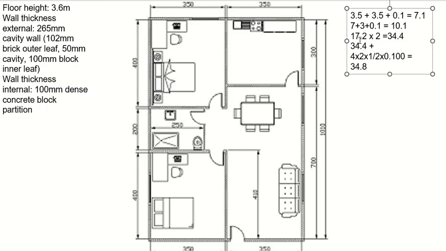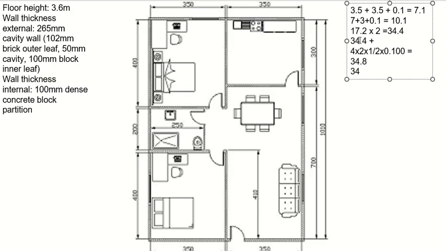This is the girth for the internal face of the cavity wall. If you want the area, you will multiply with what? The height. Clear? The height is 3.6. So 34.8 multiplied by 3.6.